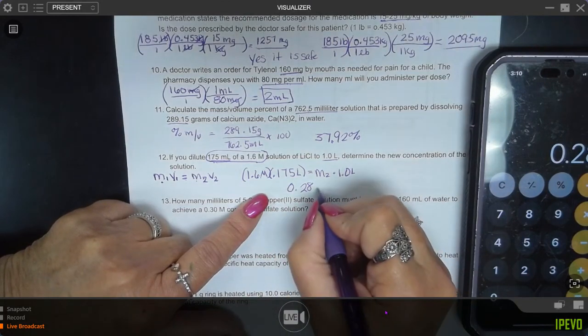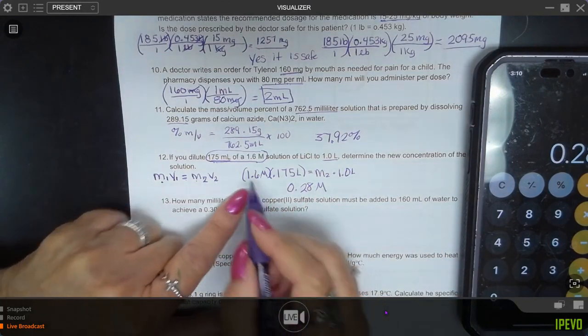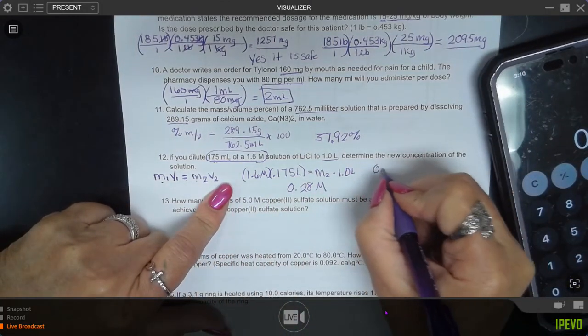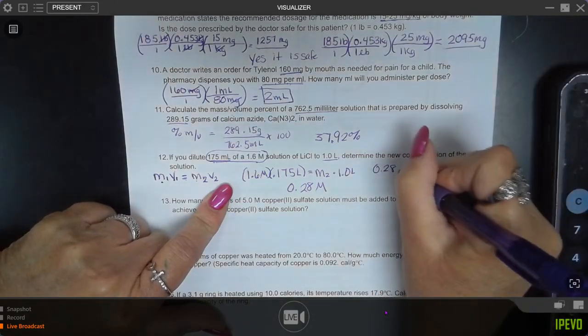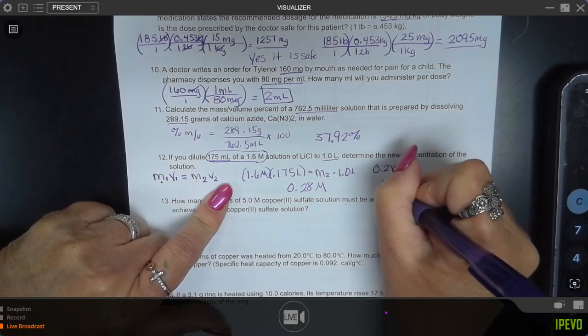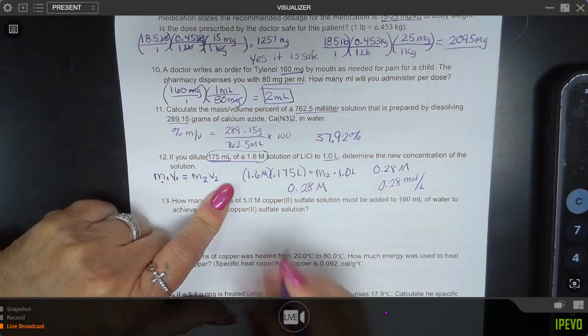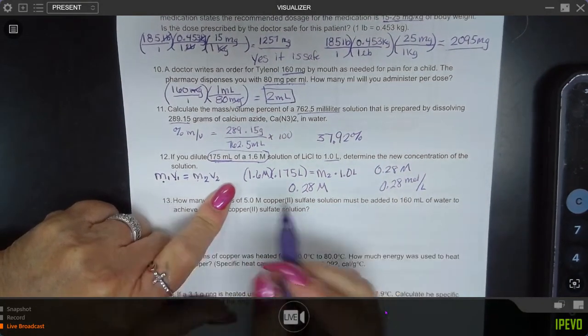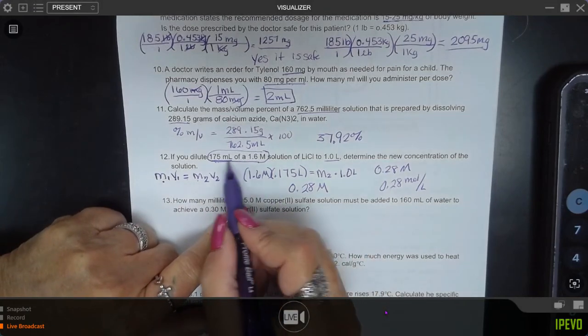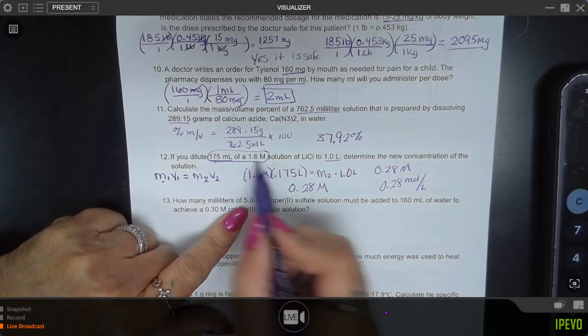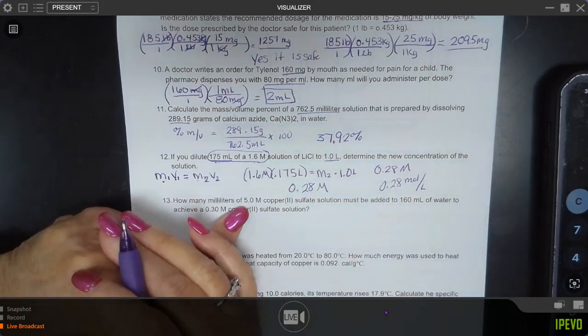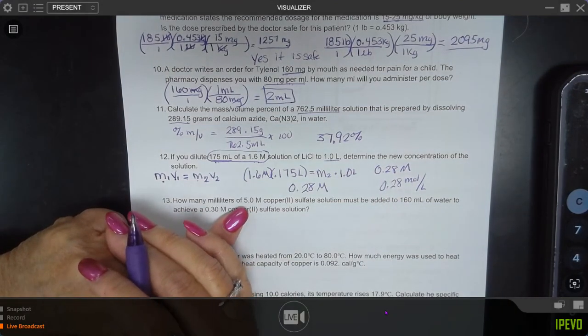All right, and that's big M for molarity. We could write that one of two ways: 0.28 big M, or we could do 0.28 moles per liter. Those are the same things. Okay. Sig figs. This number has 3, this one 2, this one 2. So 0.28 does have the right number of significant figures.